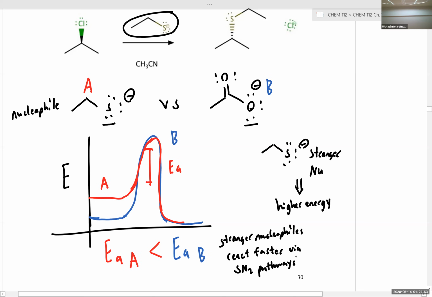Exactly right. The higher in energy your nucleophile, generally the faster your SN2 reaction.